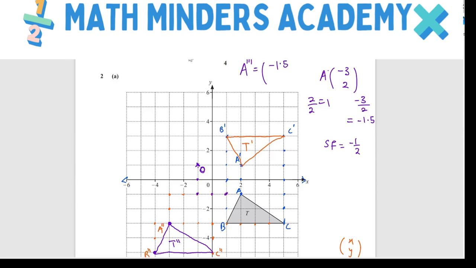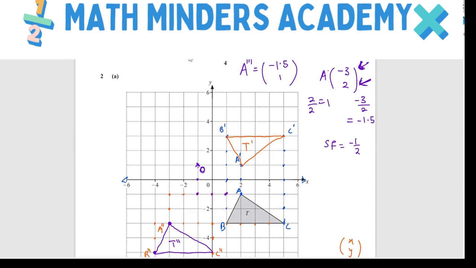-1.5 and 1. How did we get -1.5? Divide this by 2, divide this by 2, or multiply this by half. That is the scale factor. Like I said, for the scale factor, we ignore the negative. The negative is just telling us the position of the image.